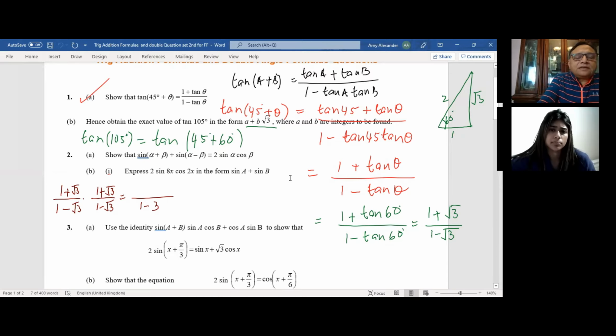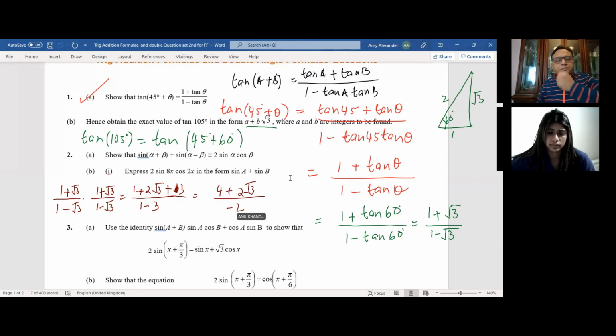So I could write this as 1 plus 2 square root 3 plus square root 3 squared, correct? Square root 3 squared will give me 3, right? So 1 plus 3 is 4. You get 4 plus 2 square root 3 divided by 1 minus 3, which is minus 2, correct? So dividing by minus 2, I get minus 2 minus square root 3, correct?